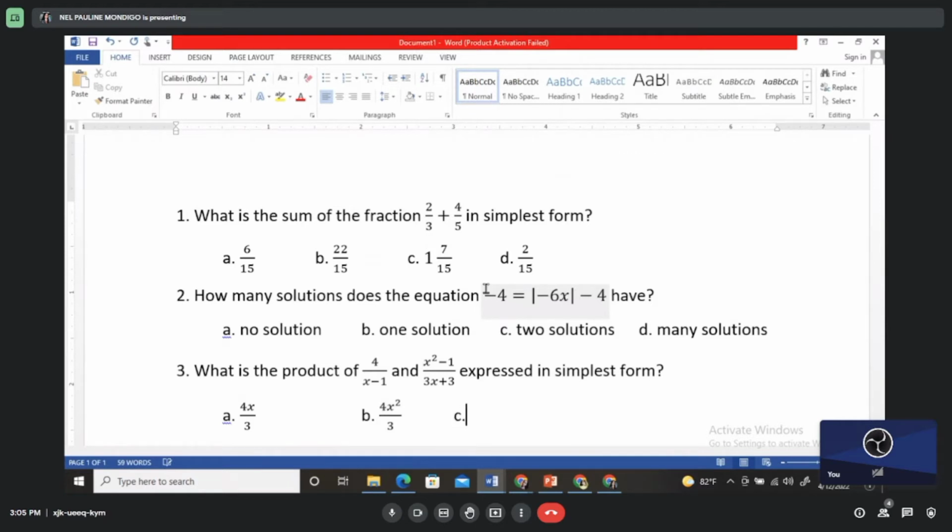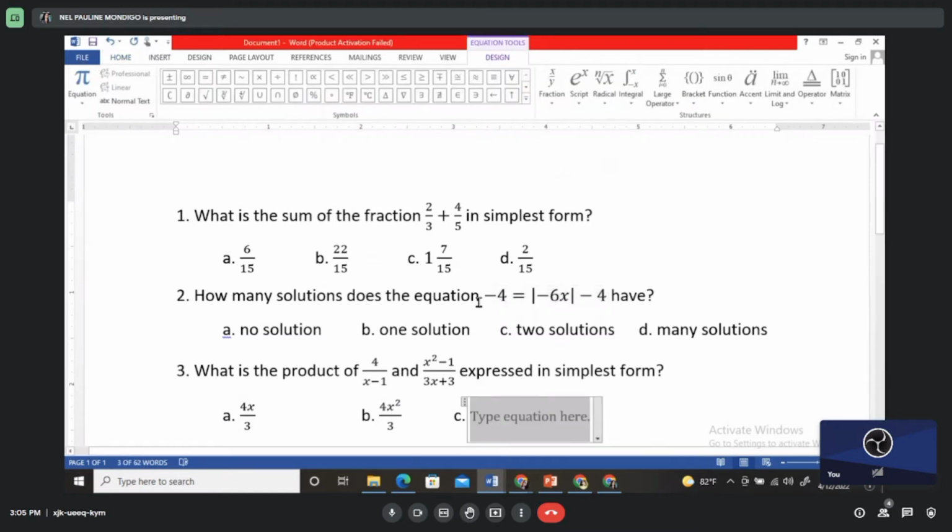For letter C, 4x squared over 3 times x plus 1. Writing this, click the fraction, click the 4, then go to script for the base and power, x squared over 3 open parentheses x plus 1 close parentheses.